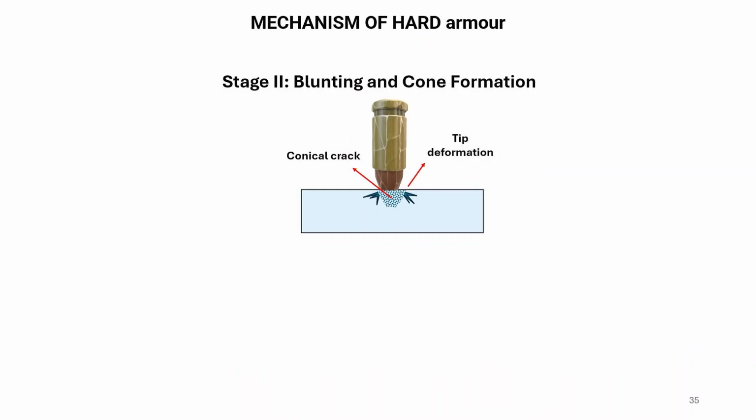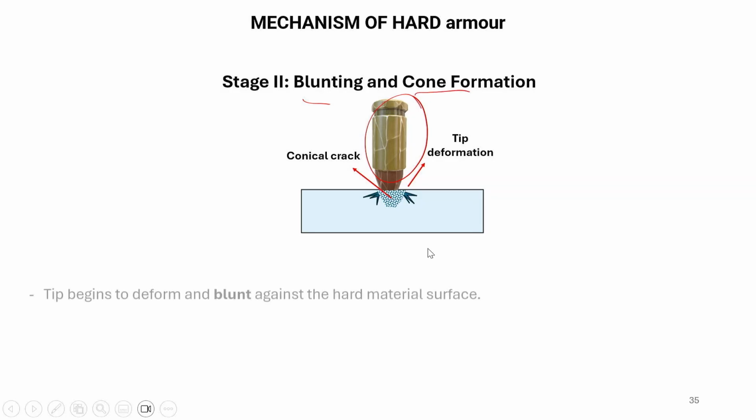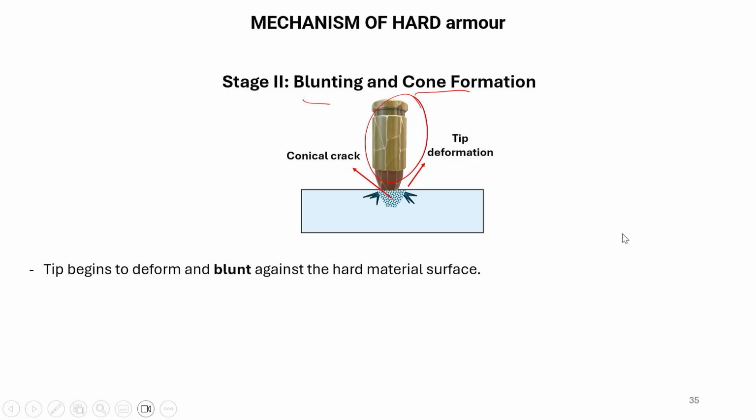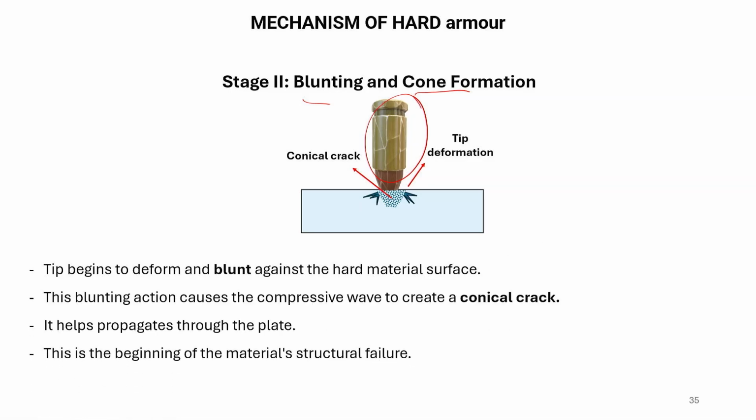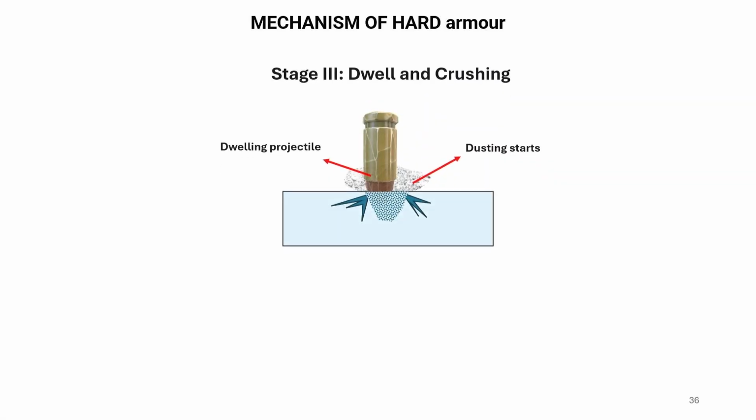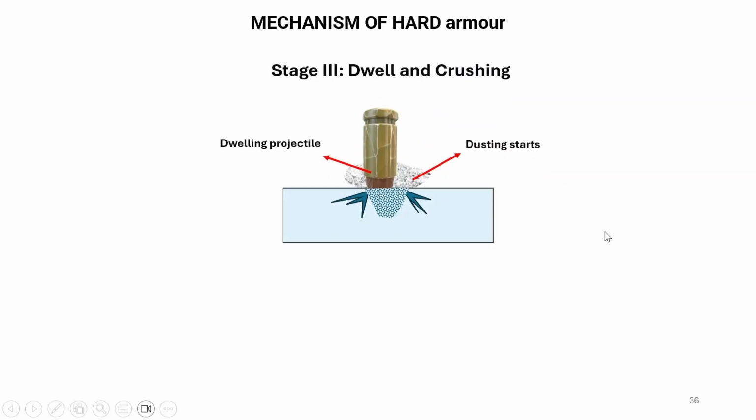Next is blunting and cone formation. So, blunting of the projectile or bullet, and then cone formation; tip deformation will be tip blunting. Next, the third stage, dwell and crushing.